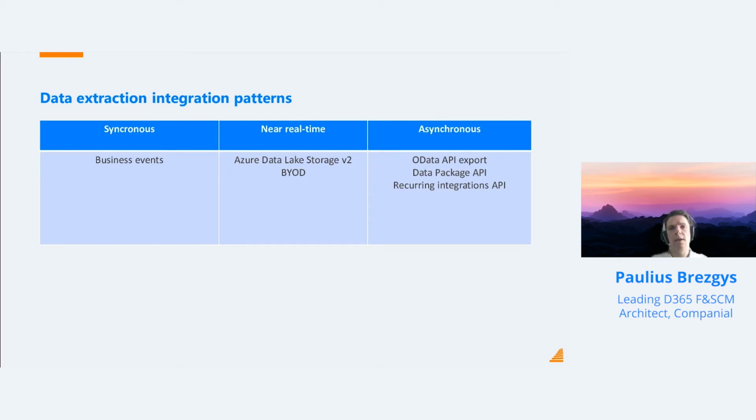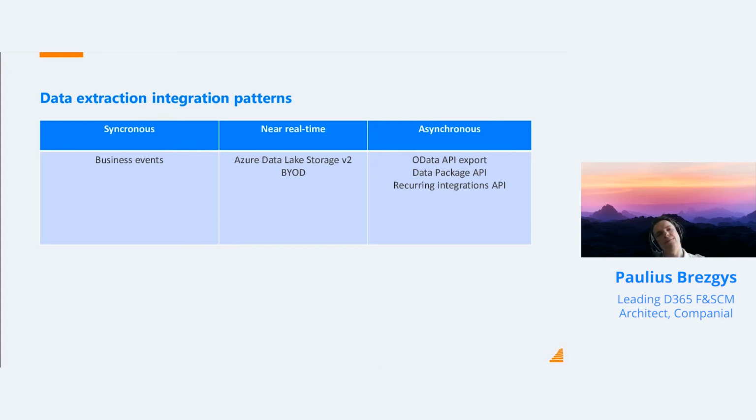Now, if you can allow bigger times, with a data lake and with a BYOD, let's say these are still asynchronous integration patterns and you're not really loading the system with the requests. They are querying data from somewhere else.